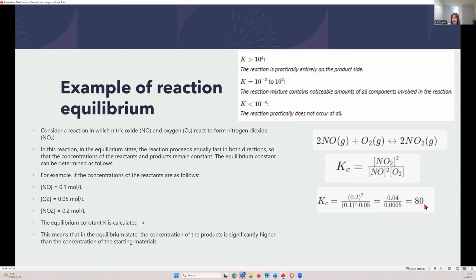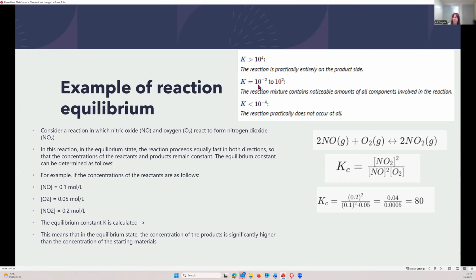And then you can say from this number what happened. If you have the reaction that went through to the products, or if you have everything there in the vessel. And now you can compare it to this. If K is more than 10 to the power of 4, which is of course 10,000, quite big, the reaction is practically all products.